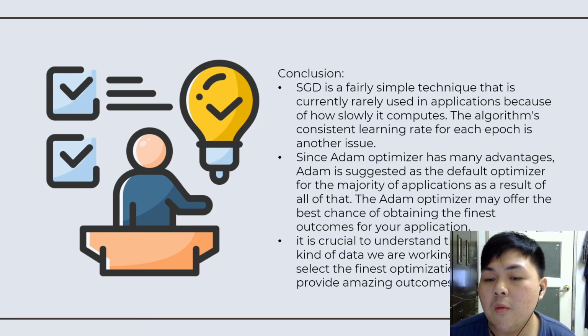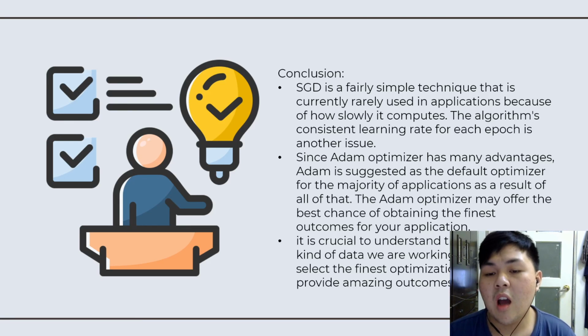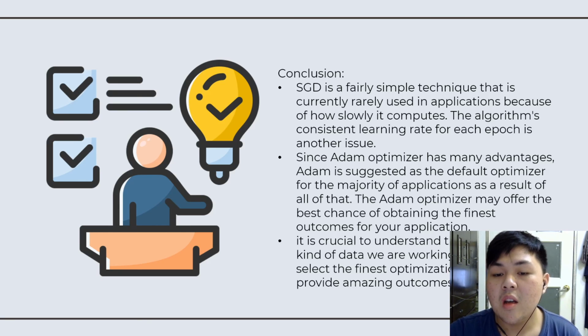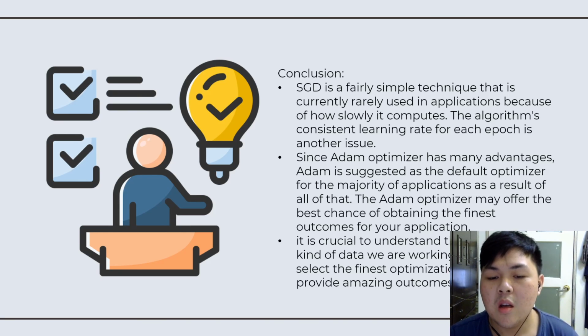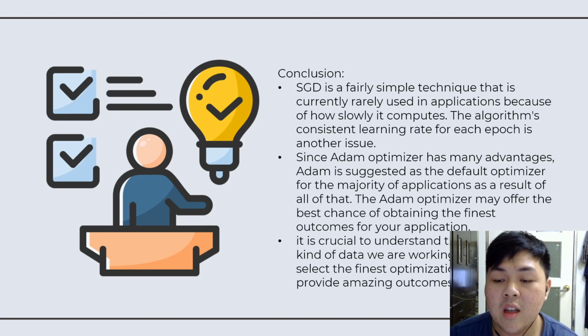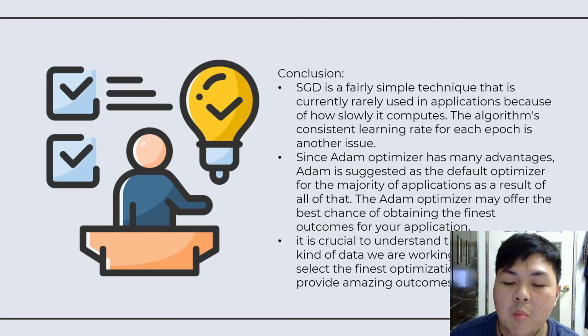The Adam optimizer may offer the best chance of obtaining the finest outcomes for your application. It is also crucial to understand the kind of data we are working with in order to select the best optimization technique and provide amazing outcomes.